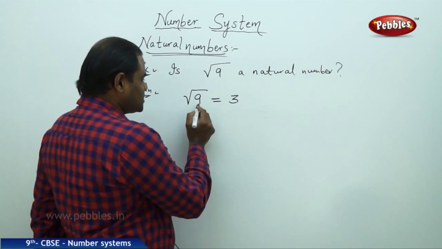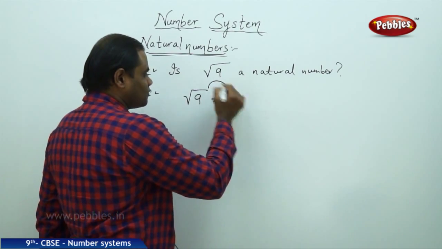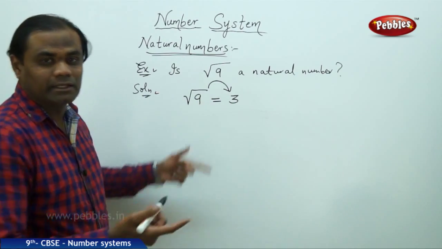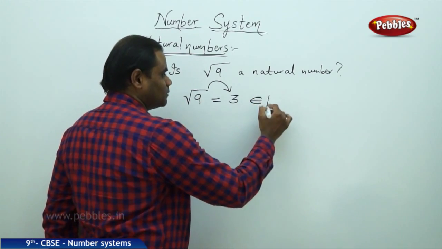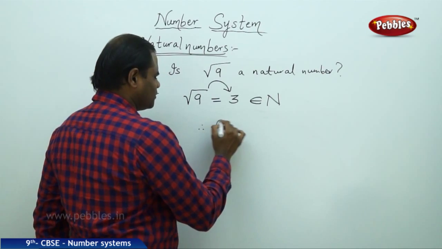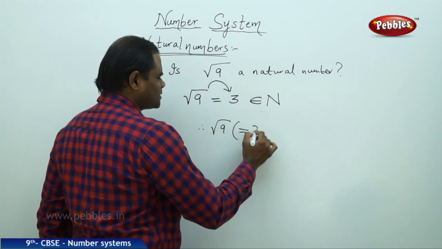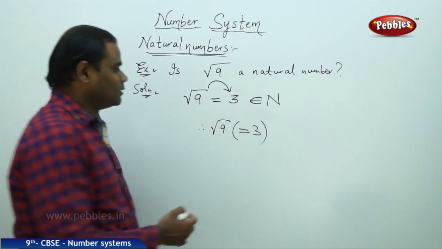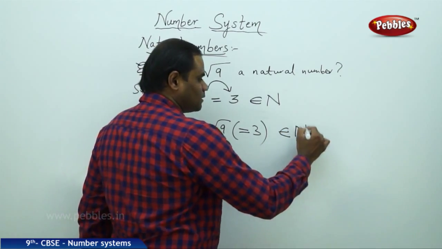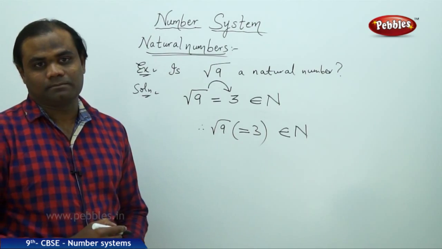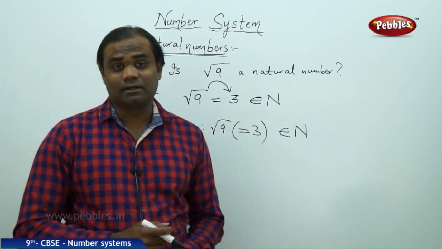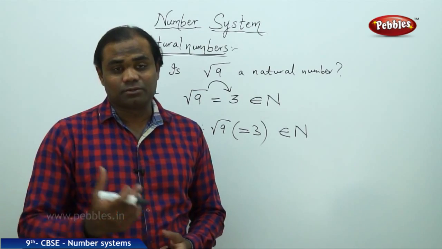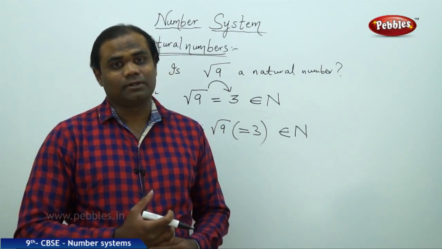Now, because this can be indirectly expressed in the form 3, we understand that root 9 is equal to 3, and clearly 3 is a natural number. And therefore, indirectly root 9, which can be expressed as equal to 3 after its simplified form, is a natural number, belongs to N. This is how I understand the unsimplified questions given to be identified as a natural number or not a natural number.